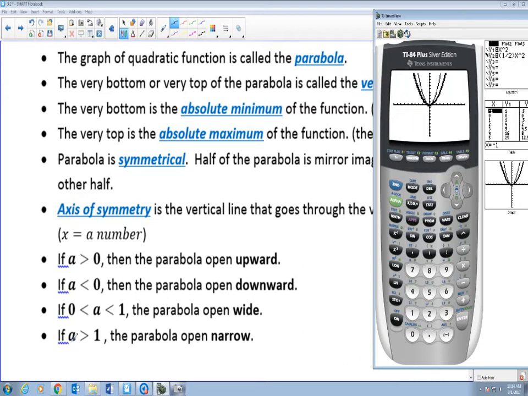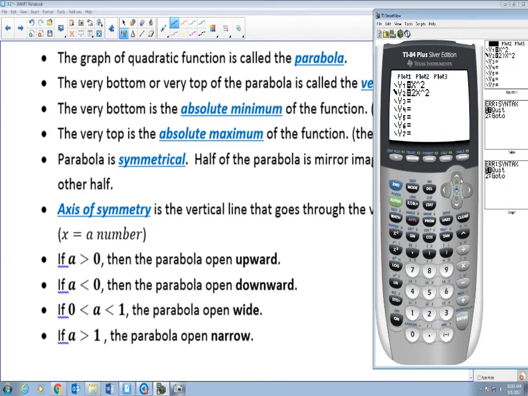Alright, if the number in front of the x squared, if the leading coefficient is more than 1, like a 2 for example, I'm going to just do a 2x squared. It will open narrower compared to the regular x squared, because that's referring to the y value actually shooting up quicker than the regular x squared one.